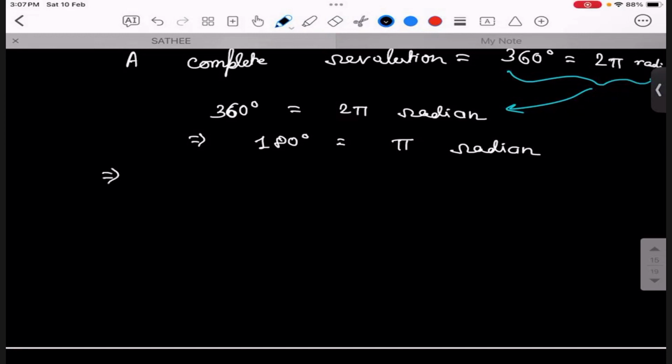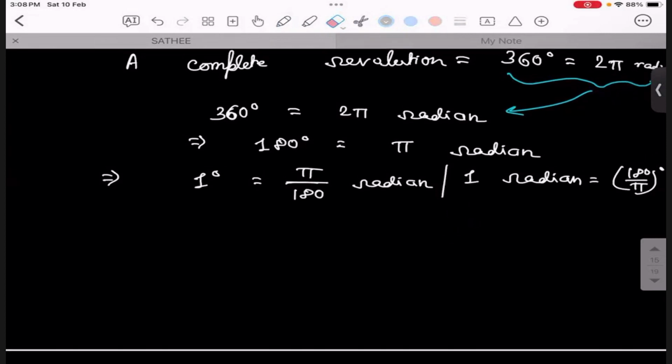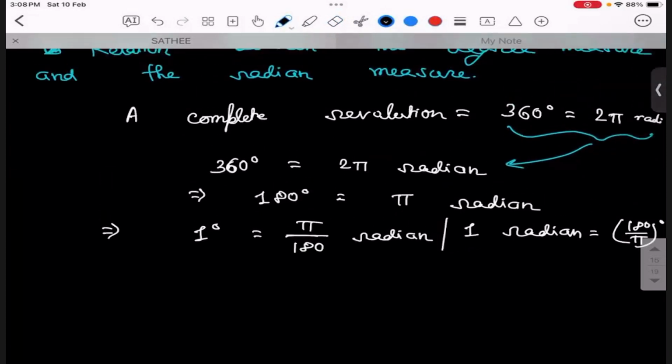This implies two things: 1 degree equals pi by 180 radian, or 1 radian equals 180 by pi degree. Okay, so this is the relation between degree measure and radian measure.